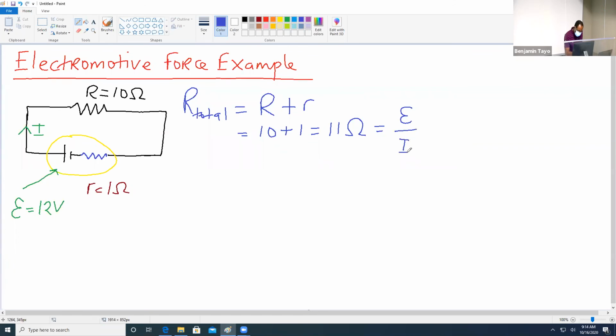Solving this, you get your current. So this would be 12 divided by 11, which gives me 1.09 amps.